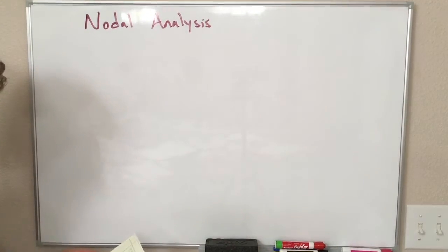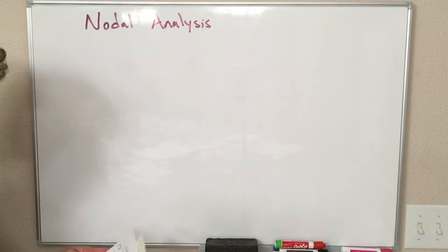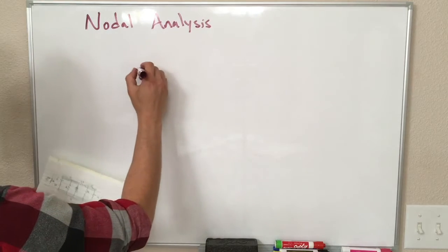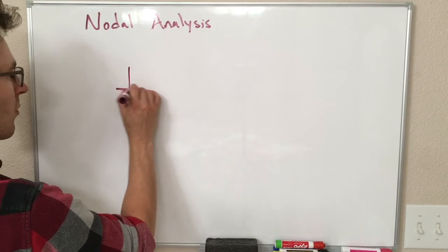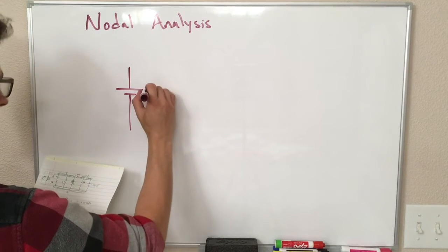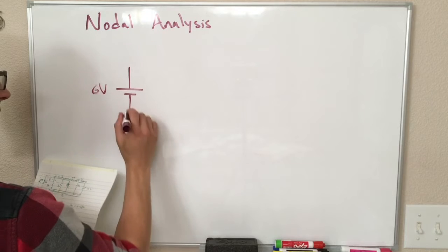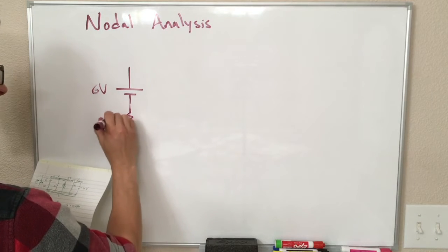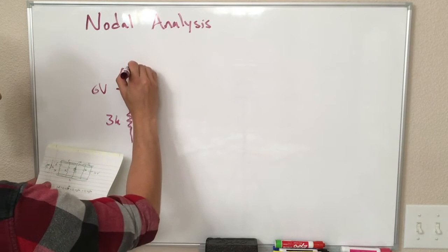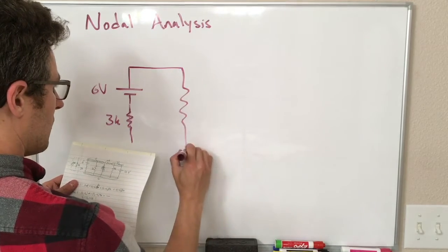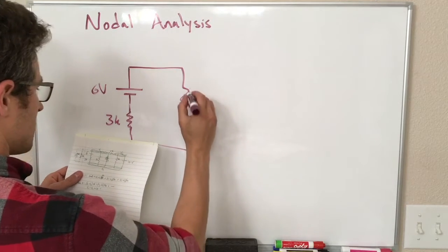Okay, so let's do an example using voltages. I just made this one up. We have a 6-volt source and a 3K resistor, and this is connected in parallel with a 1K resistor.